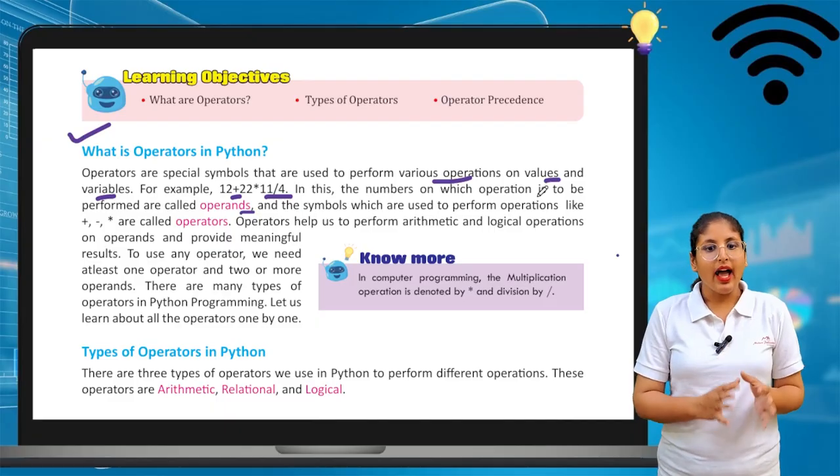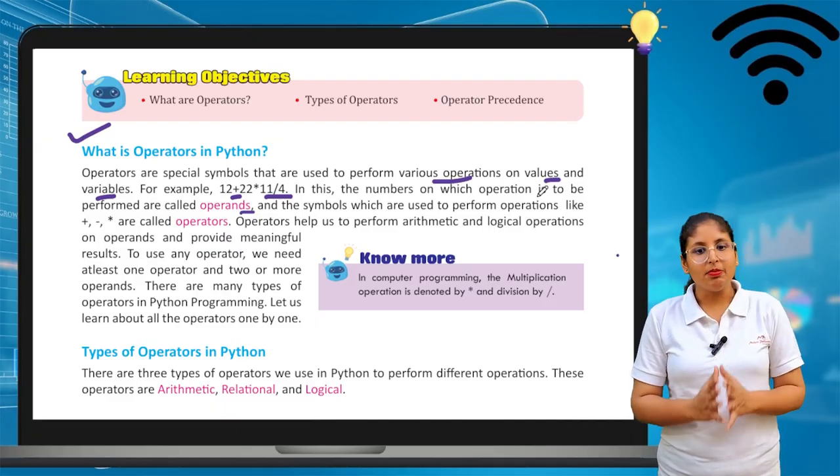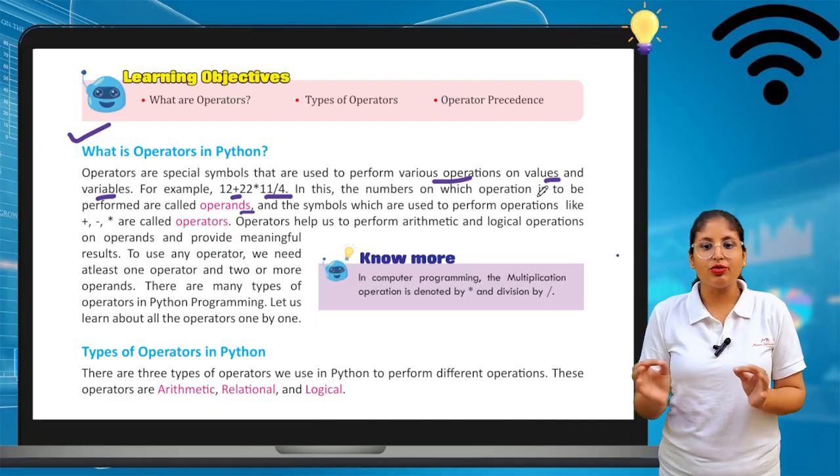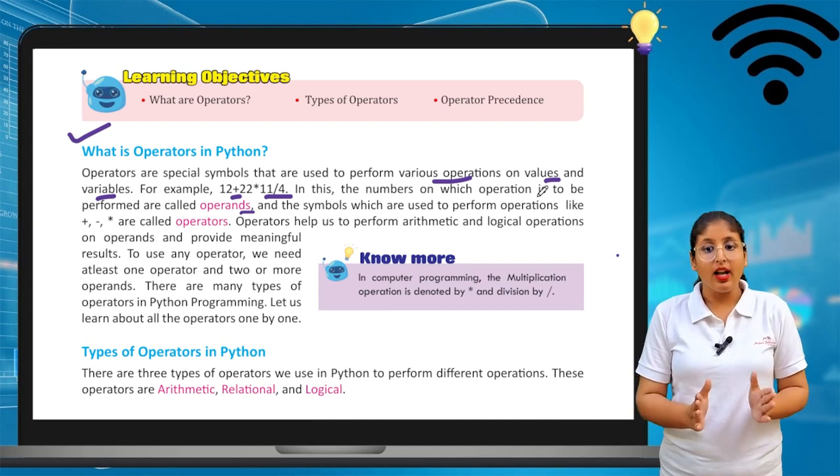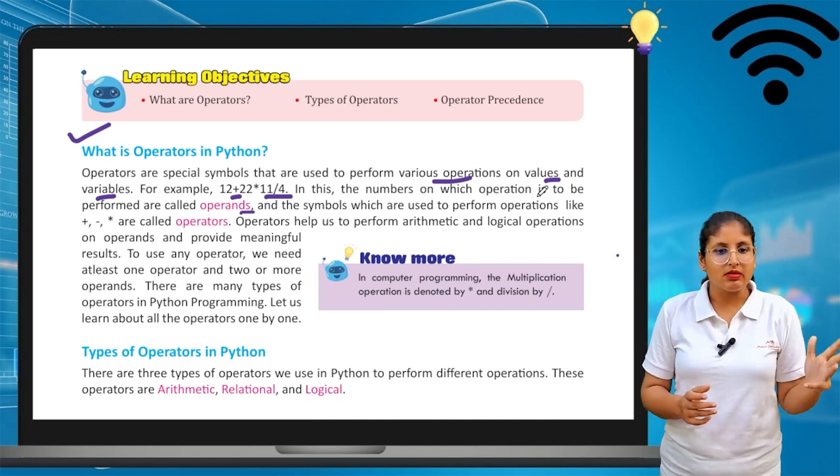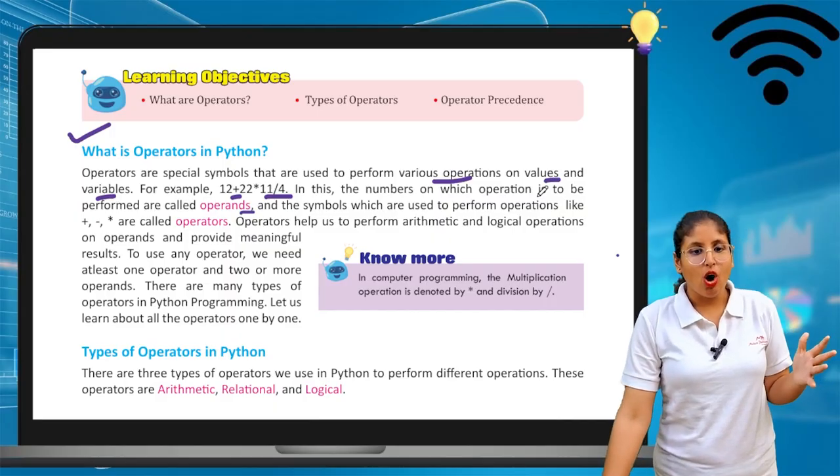The symbols which are used to perform operations, like plus, minus, multiply, divide, are known as operators.